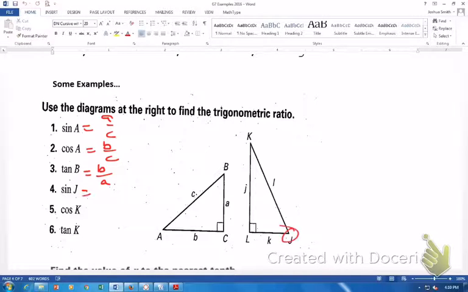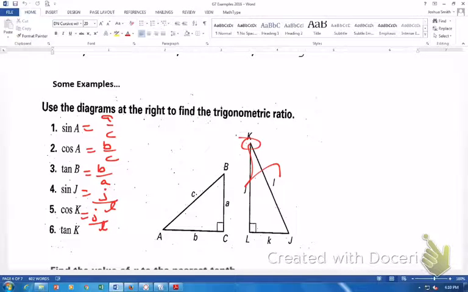Sine of J. J is over here. Sine is opposite over hypotenuse, so it's J over L. Now we're going to do cosine of K. K is right here. It's adjacent over hypotenuse, which is the same thing, J over L, which is what I mentioned before.